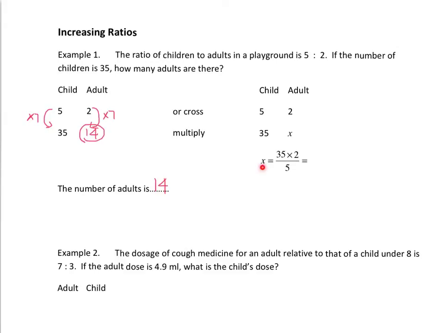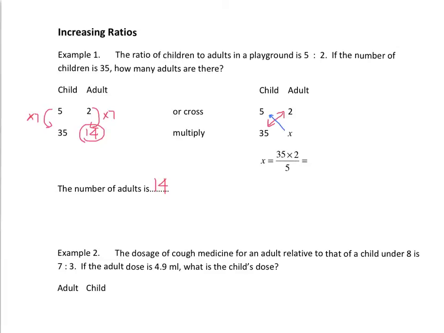And so we write x is equal to the diagonals, which have numbers in them, multiplied. So 35 times 2 divided by the number diagonally opposite the x.